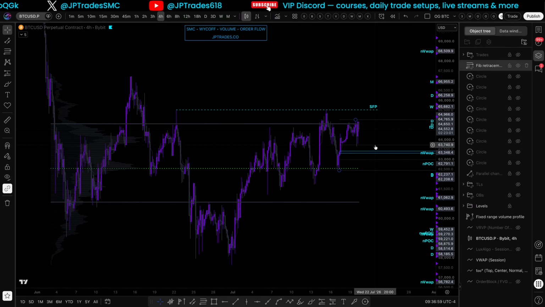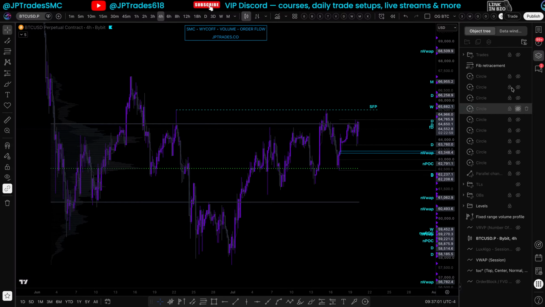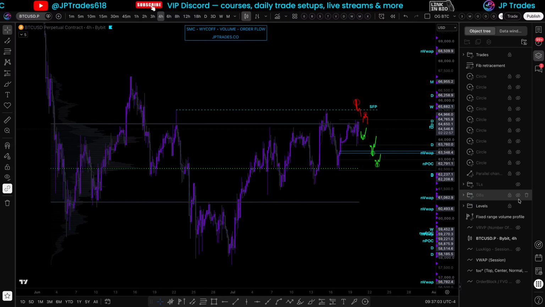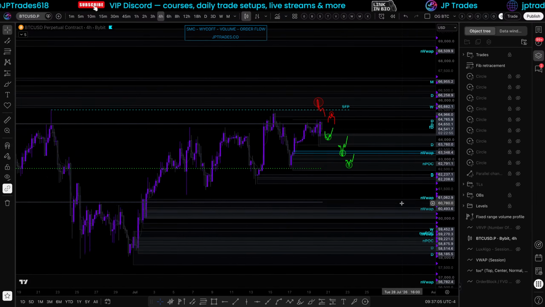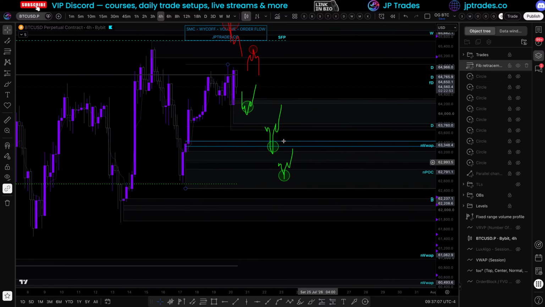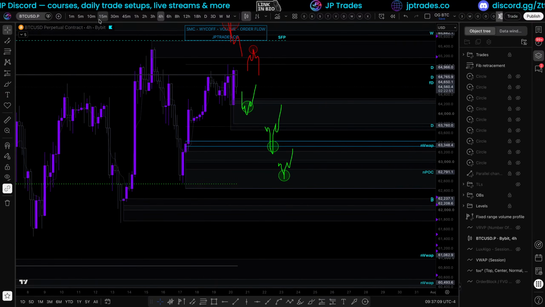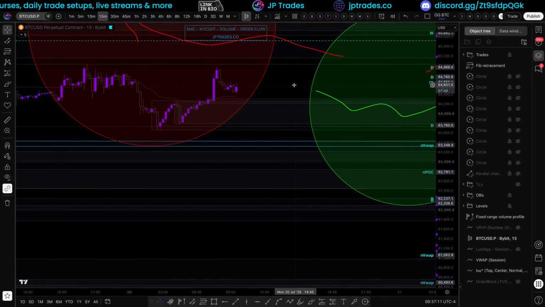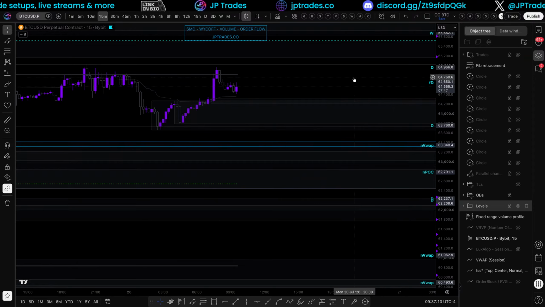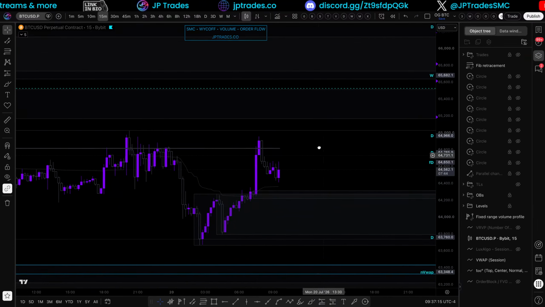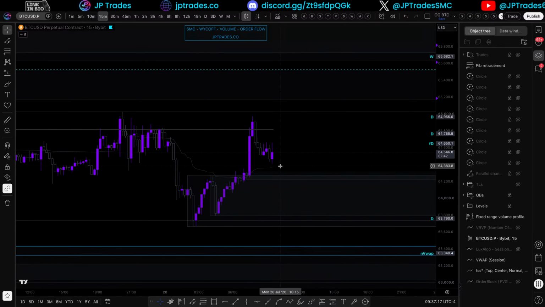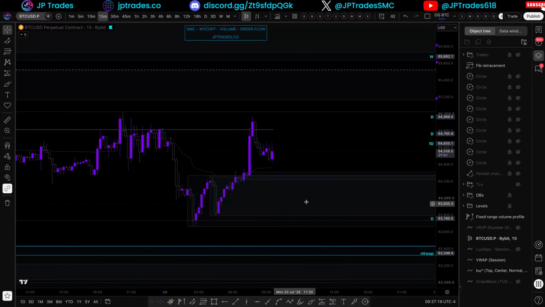Now, locally, let's take a look at our trade setups and look at our order blocks as well. So come down here in the 15. I'm going to look at these setups, hopefully coming back down for a retest of VWAP into our order blocks.